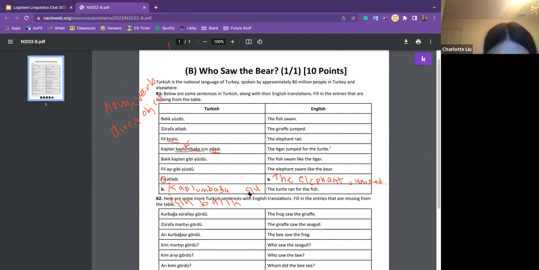The direct object is second, so fish should be second, and then the verb should be last. So those are the answers for the first part.